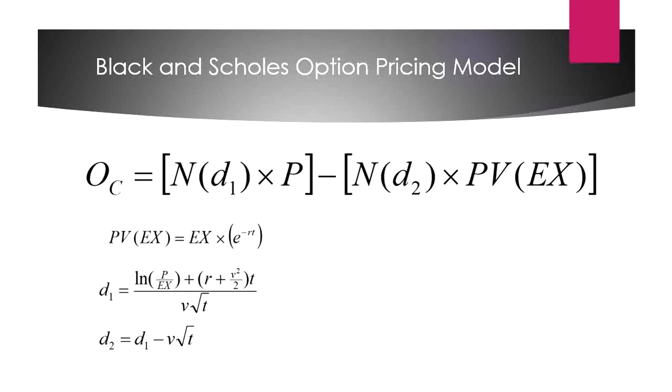The d1 value is given by the expression where the log of the stock price to exercise price plus the risk-free rate plus the fraction of volatility squared divided by 2, into T. This numerator expression is divided by the volatility times the square root of time to expiration. This will give you the value of d1, whereas d2 would be simply the d1 value minus volatility times the square root of T. This is how we get the inputs for the Black and Scholes formula.